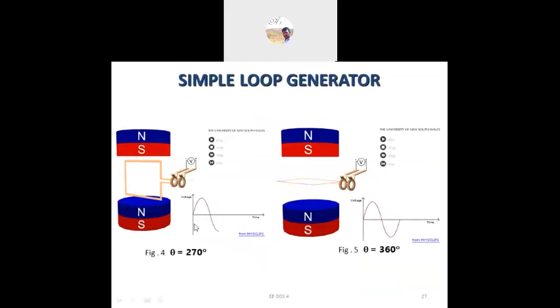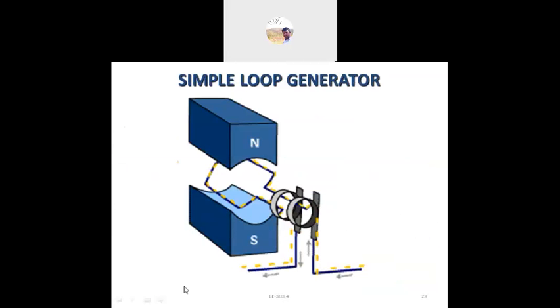The animation is shown for understanding purposes. Here the EMF is generated, and this one shows which direction the current is flowing. So this is how EMF is generated, simply.